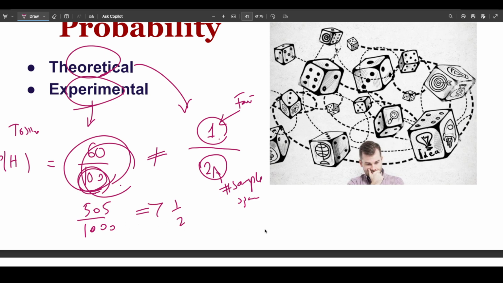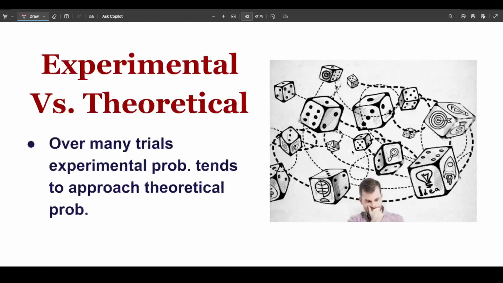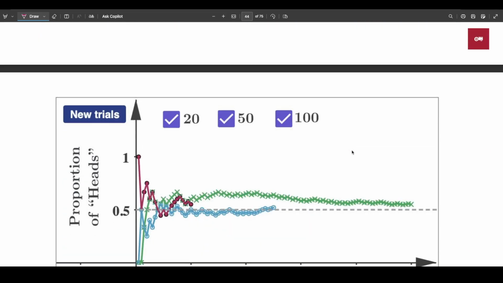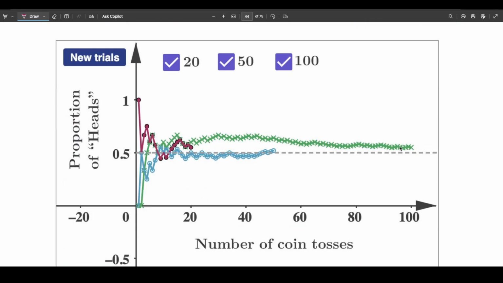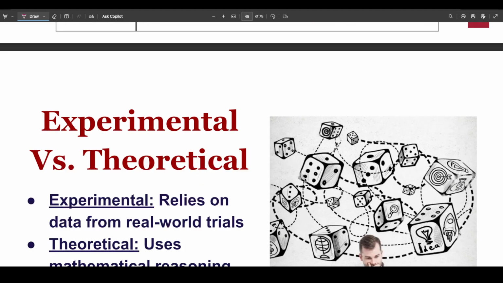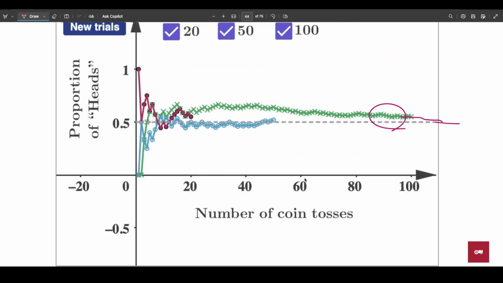If you do it 10,000 times, or I don't know, 1 million times, you're going to have a number which is a little closer, but it's still probably not exactly the same. So if you do the experimental probability many times, this value is going to get closer and closer to the theoretical probability. Look at this graph, and I think it's more than clear for everybody.